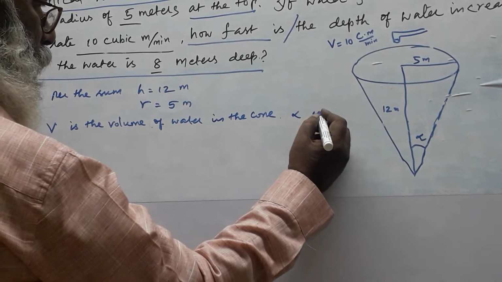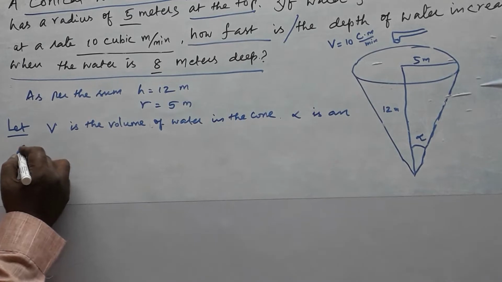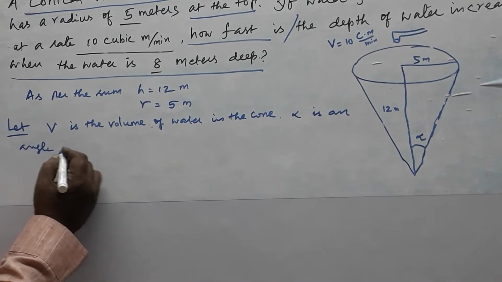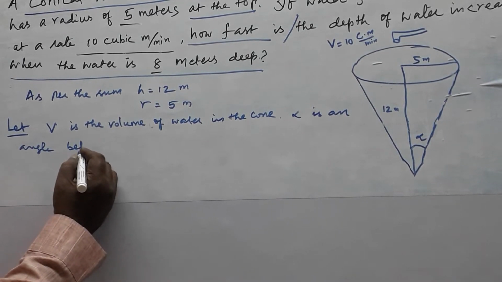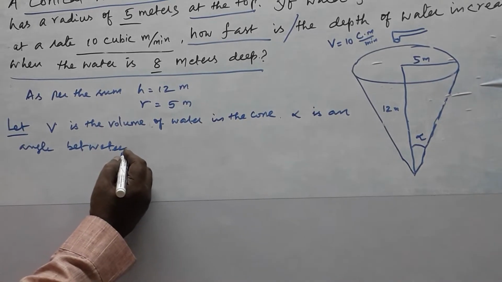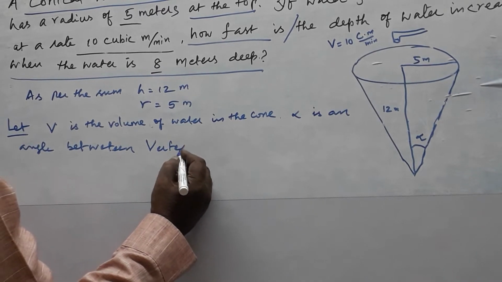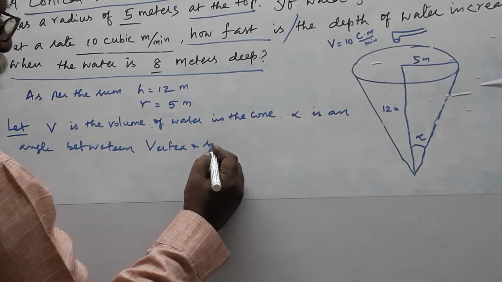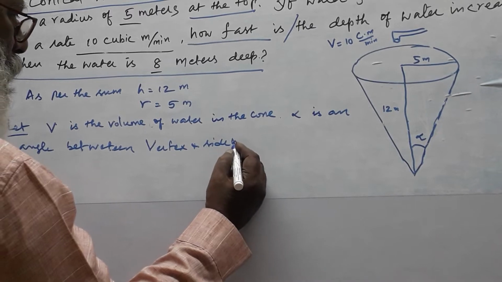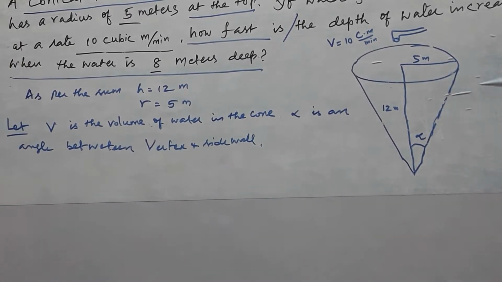Alpha is an angle between the vertex line and the side wall. This is the assumption.